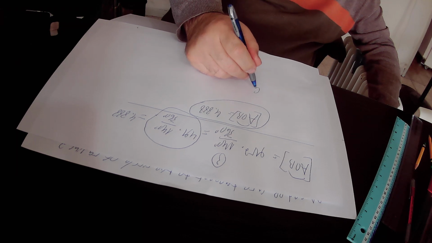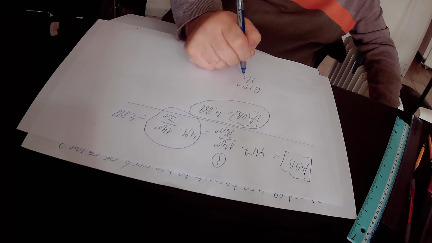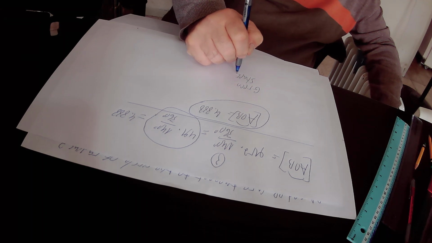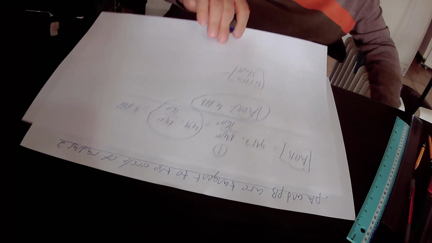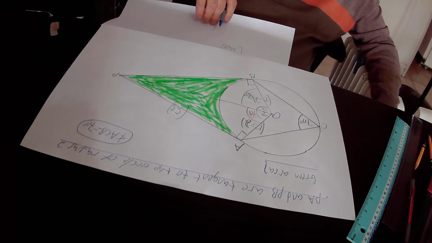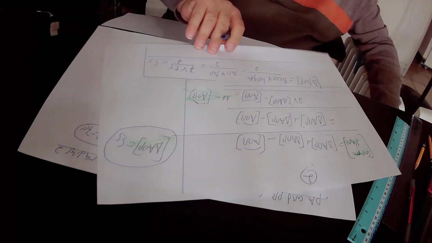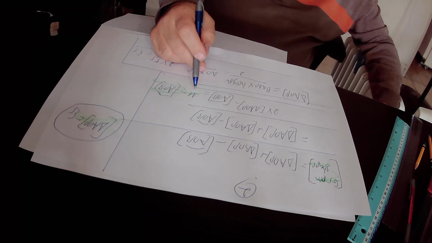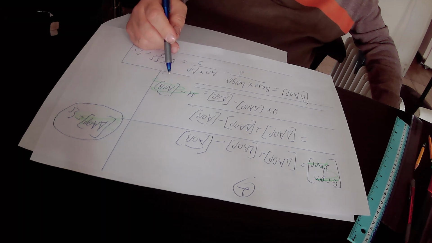And the area of the green shape in total, we already found out that the area of the green shape is equal to 11, that is the area of quadrilateral AOBP, minus the area of sector AOB.